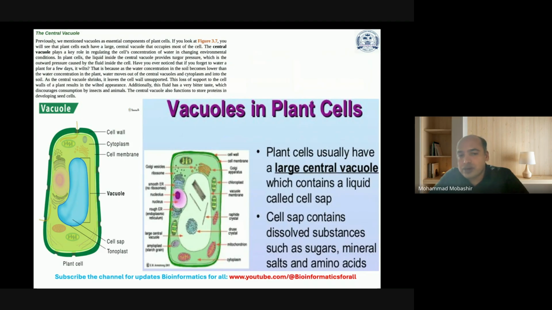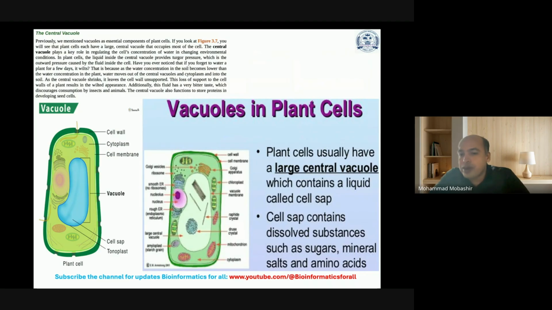And if you want to understand, normally plant cells have a large central vacuole. And what does it contain? A liquid called cell sap. And cell sap contains dissolved substances such as sugars, minerals, salts, and amino acids.